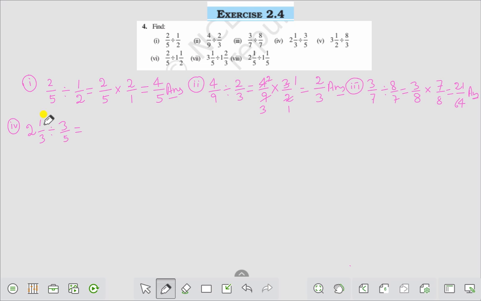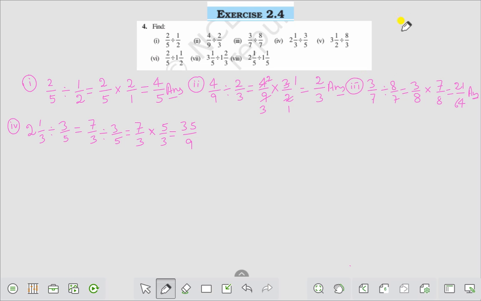That is 3 twos are 6 plus 1, 7 by 3. 7 by 3 divided by 3 by 5. It can be written as 7 by 3 in multiplication form, and the reciprocal of 3 by 5 is 5 by 3. 5 by 3. That is equal to 5 sevens are 35 and 3 threes are 9.